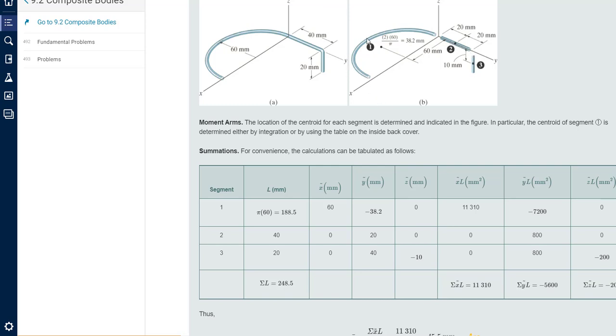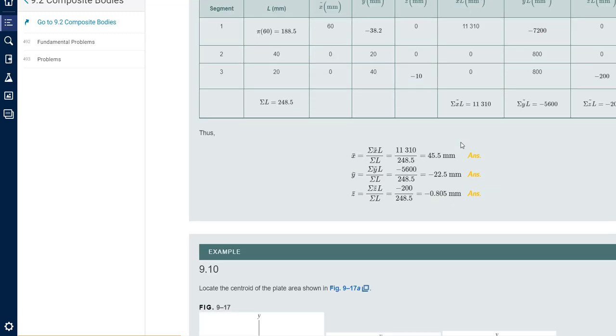So find out the length of the arc, the center of the arc, find out the length of the line, the center of the line, find out the length of the line and the center of the line. And this one's in 3D. So we've got the length, we've got X and Y and Z. So we really are going to get into this table approach to find a weighted average for this composite centroid.